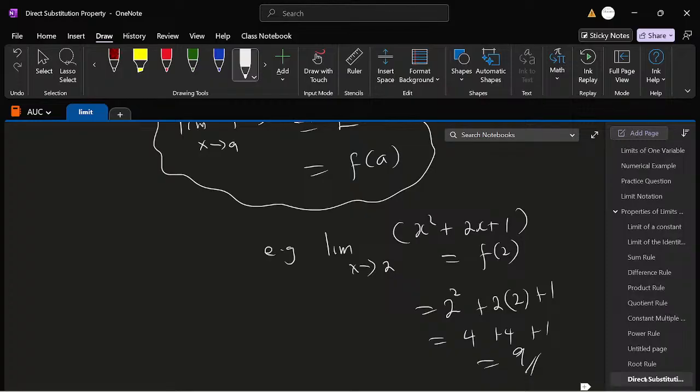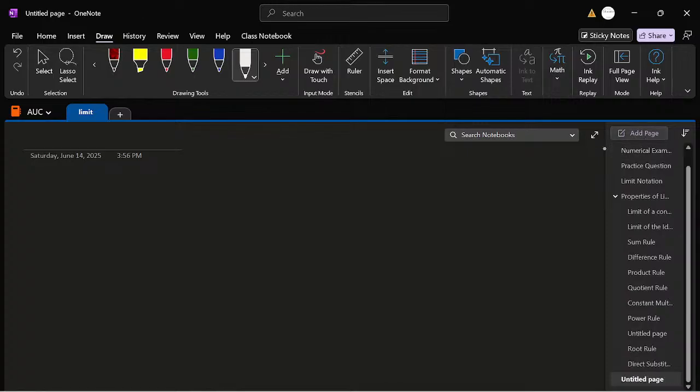Let's look into the other properties. I think we still have some time. Let's say you have trigonometric functions, for instance. Now, how do you get the limit? Let's just take this.